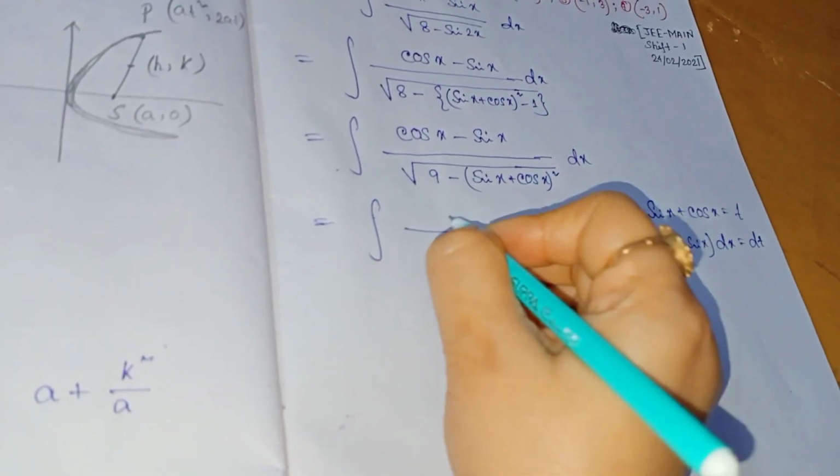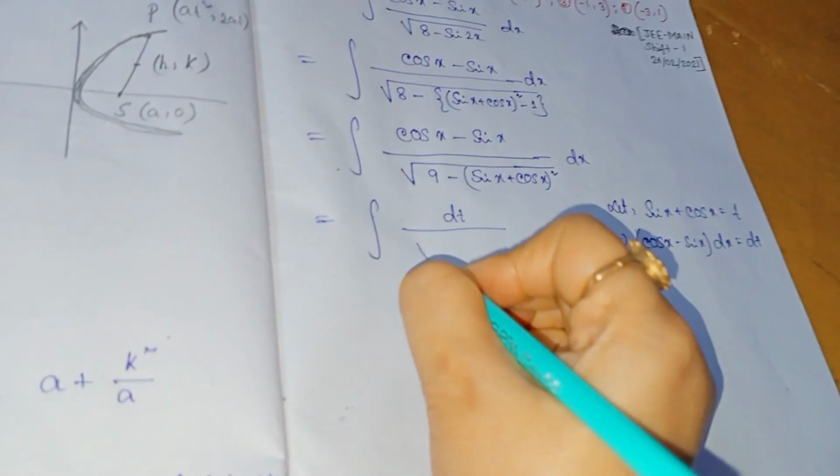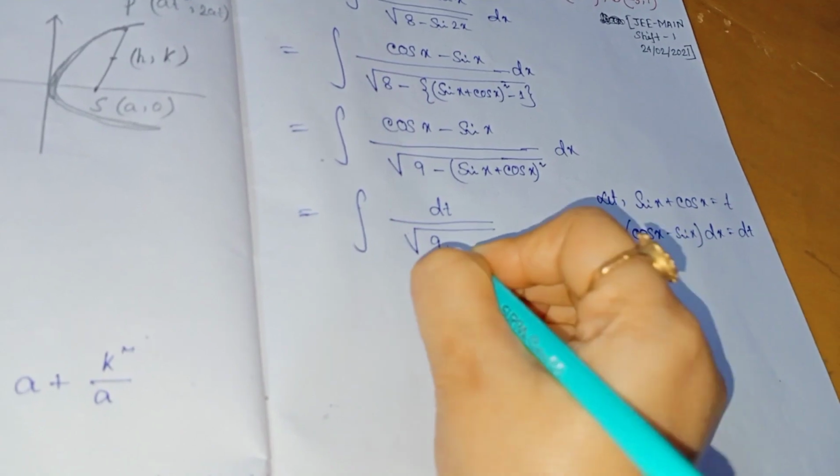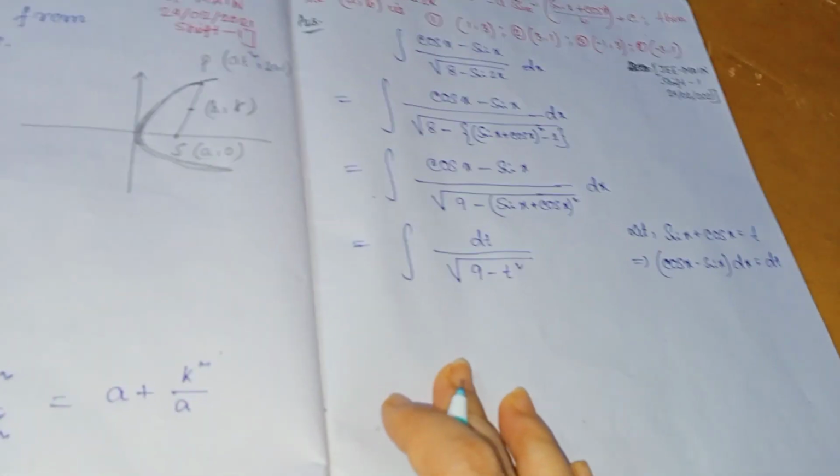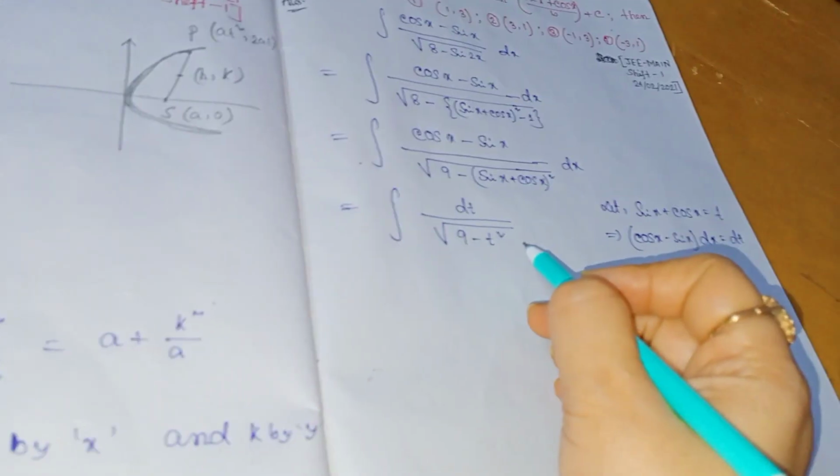Integration of dt divided by root over 9 minus t squared. So it becomes 9 minus t squared.